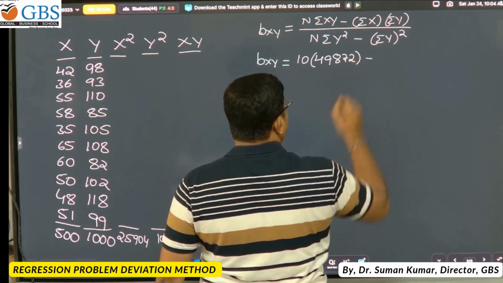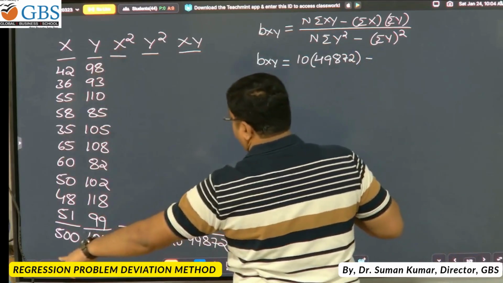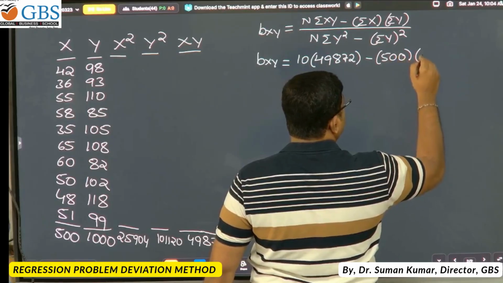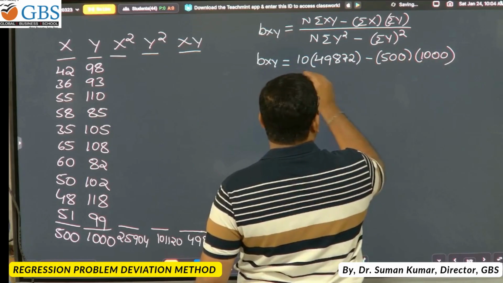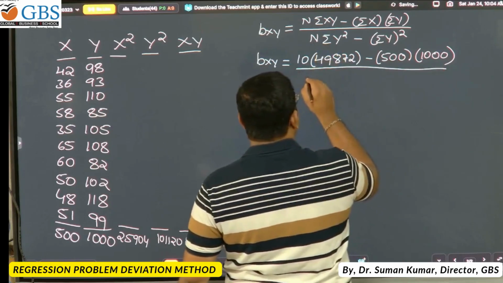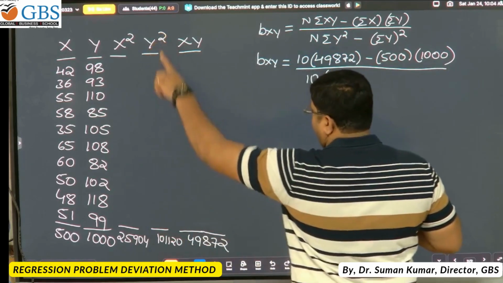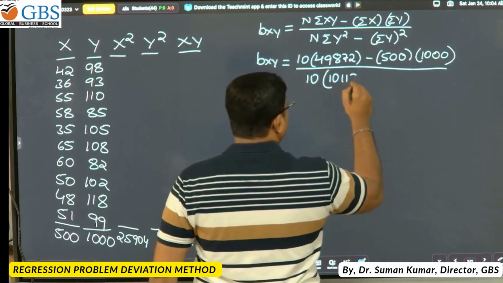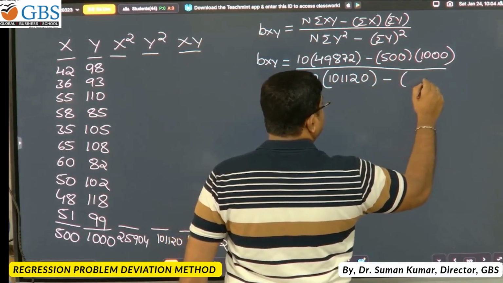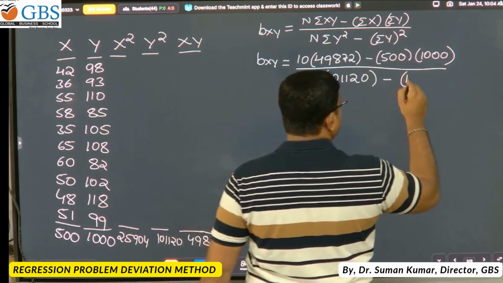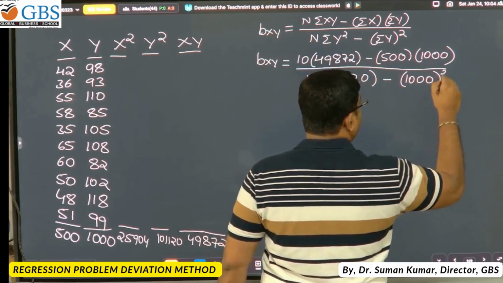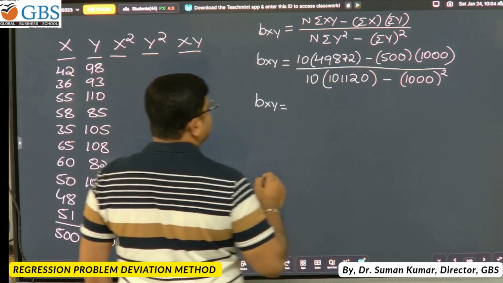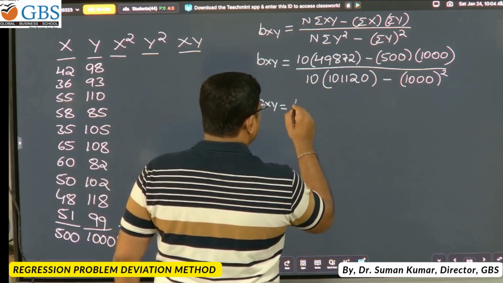Total of x is 500, total of y is 1000. Again N is 10. Summation y square is 101,120 minus summation y, that is 1000 whole square. Step by step, bxy is equal to the multiplication of 10 into 49,872.